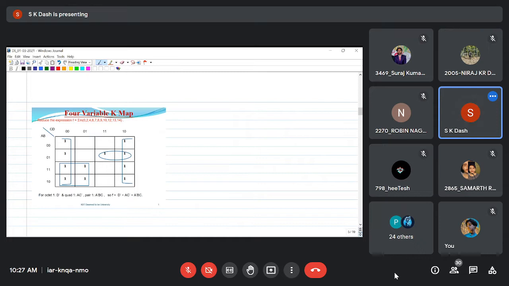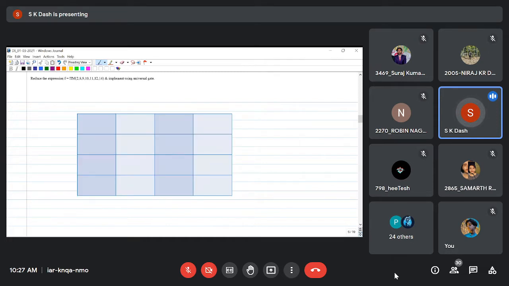Same one. Next, let us try this question. It is given pi of 2, 8, 9, 11, 12, 14. This is 0, 1, 2, 3, 4, 5, 6, 7, 8, 9, 10, 11, 12, 13, 14, 15.